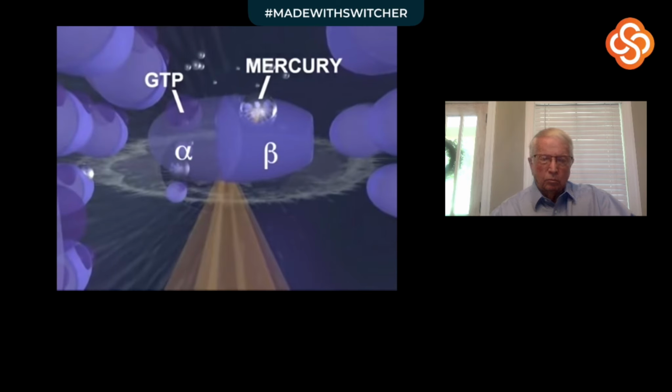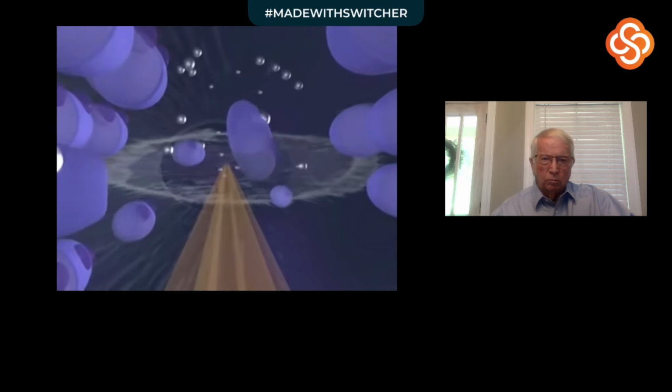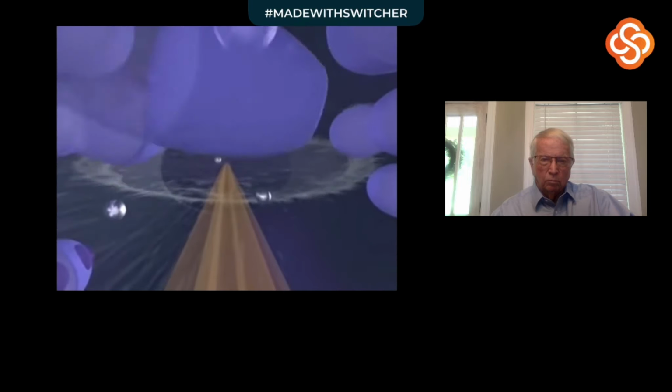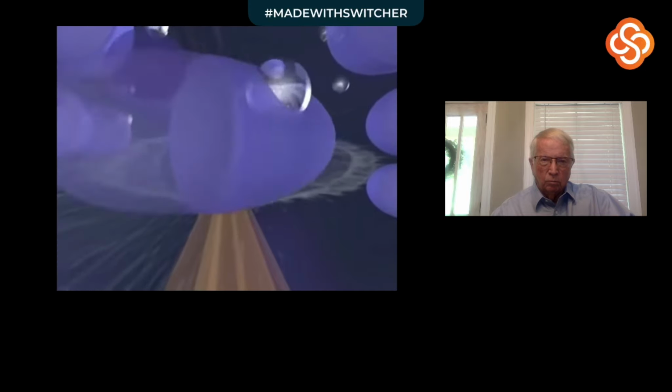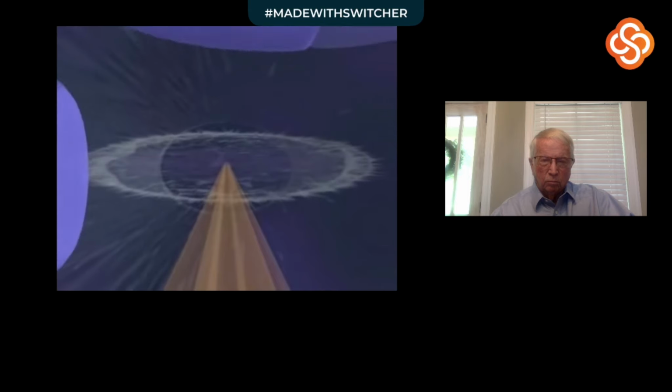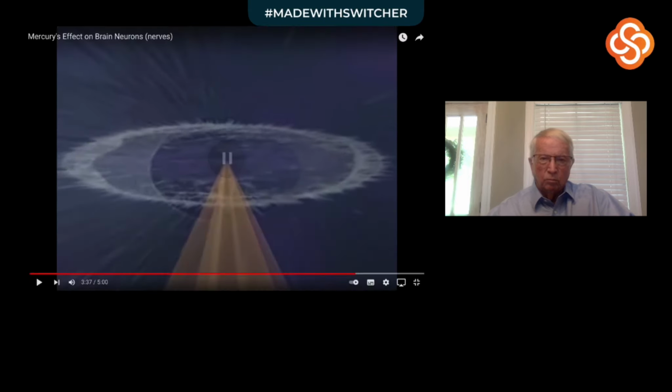Since bound GTP normally provides the energy which allows tubulin molecules to attach to one another, mercury ions bound to these sites prevent tubulin proteins from linking together. Consequently, the neurite's microtubules begin to disassemble into free tubulin molecules, leaving the neurite stripped of its supporting structure.